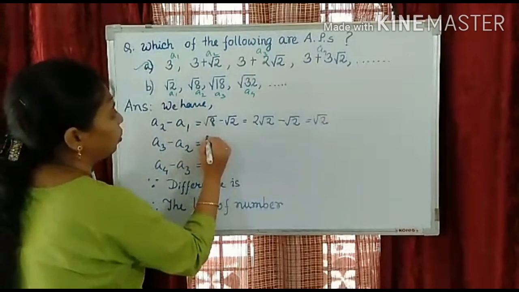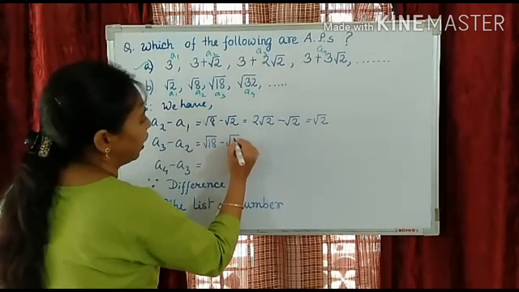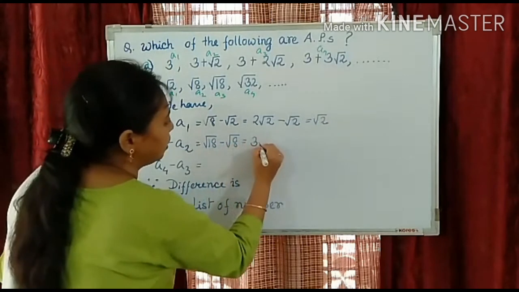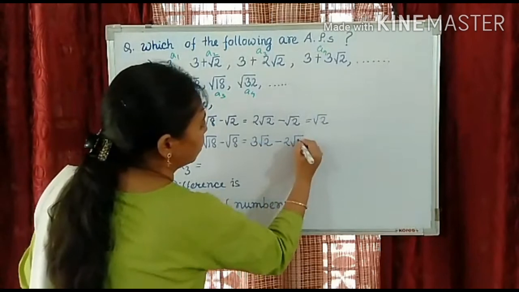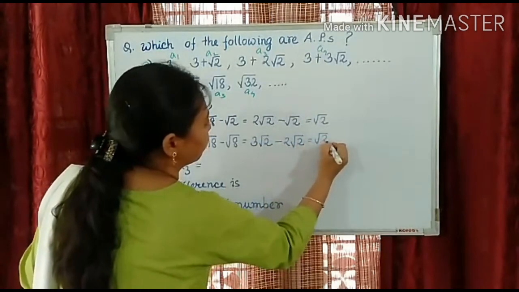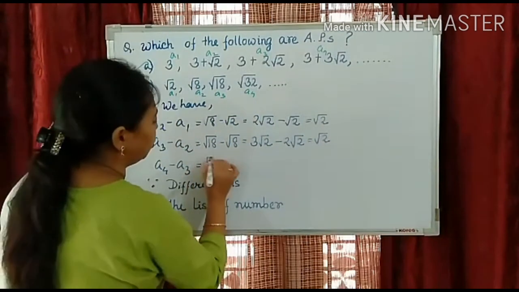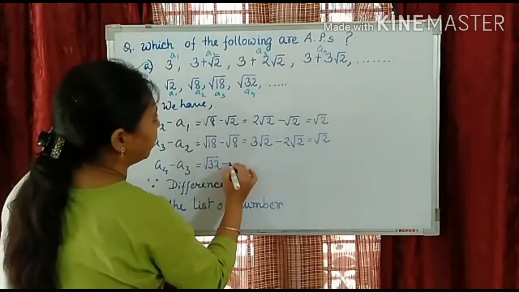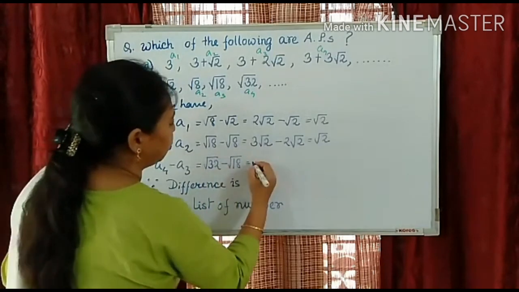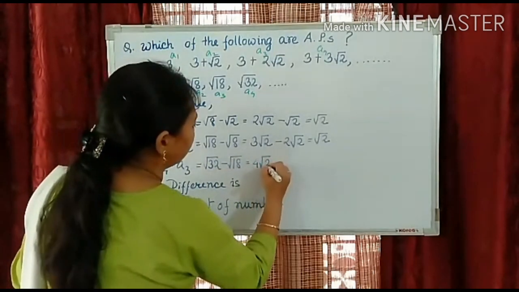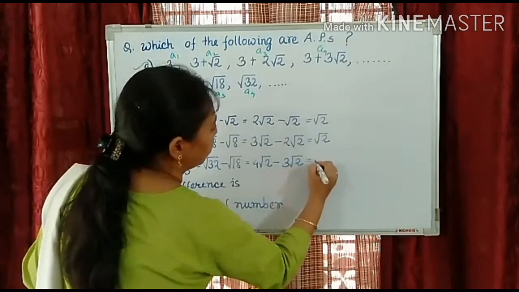Then A3 minus A2 means root 18 minus root 8. Root 18 is 3 root 2 and root 8 is 2 root 2. Here also the difference is root 2. Then root 32 minus root 18: if you do it, you will get 4 root 2 minus 3 root 2. Here also it will be root 2.